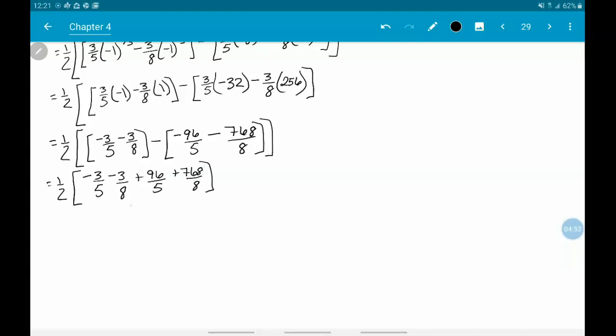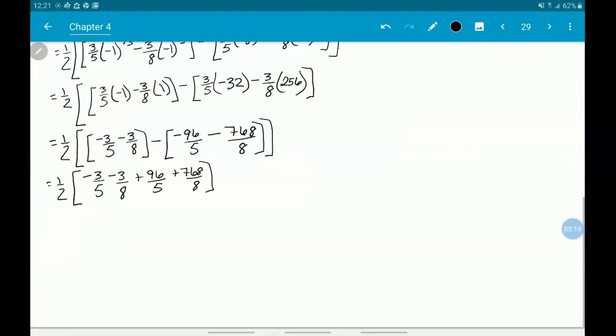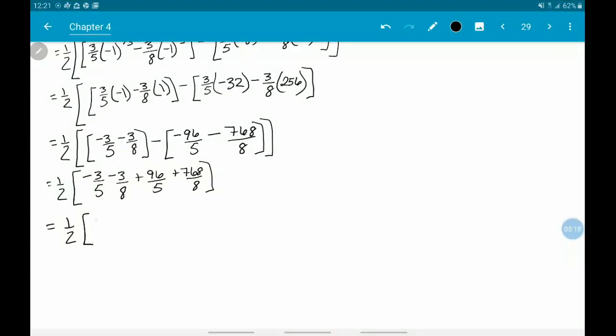So I'm going to cheat and type all that in my calculator. So I got 1/2 times 4569/40.